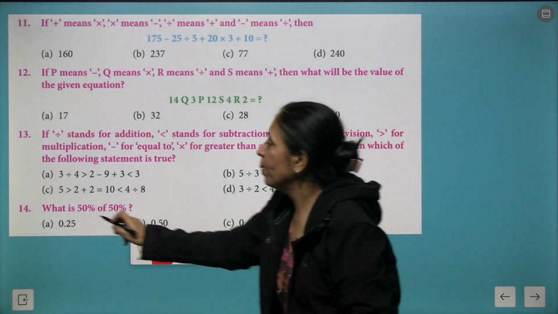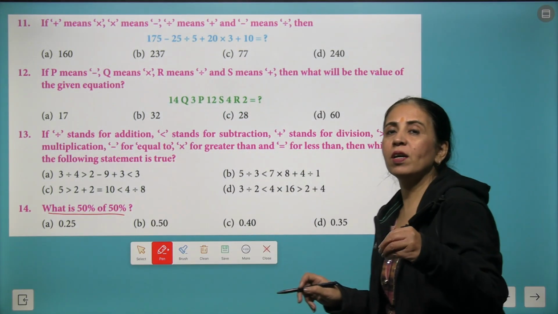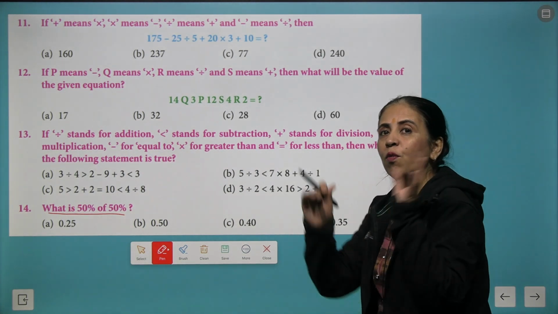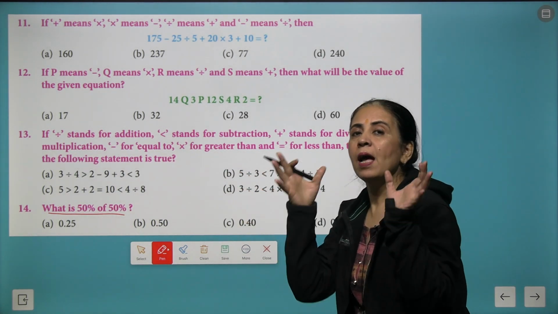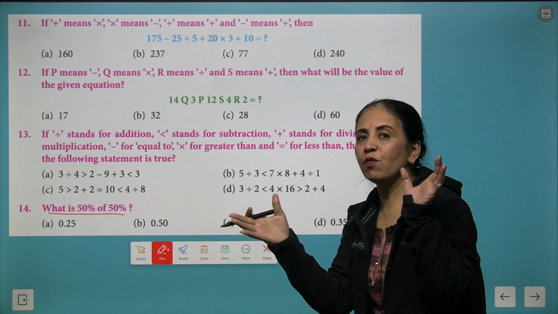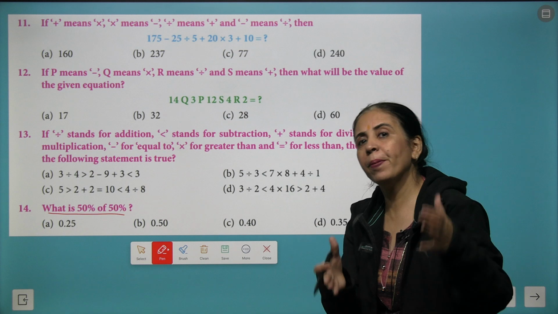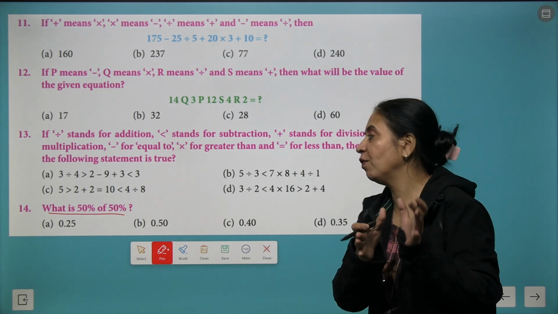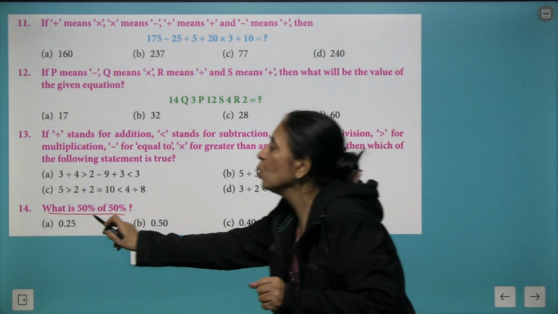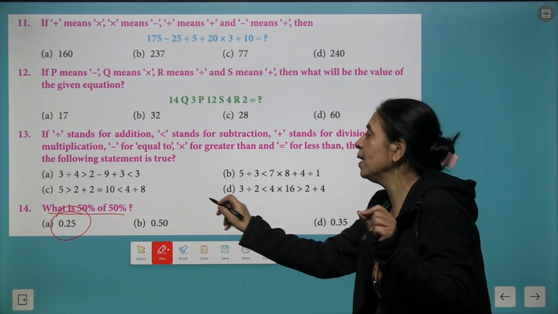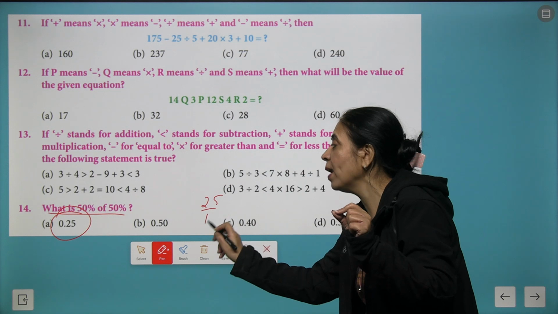Now let's see one more interesting question. What is 50% of 50%? Now we have 100%. And what is 50% of 100? That turns to 50. And then 50% of remaining 50 will be 25. So it is 25%, and 25% means 25 upon 100.